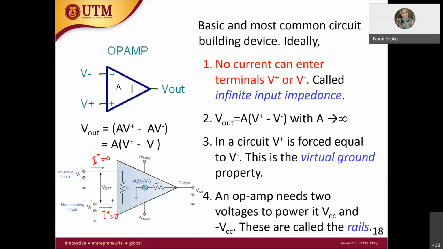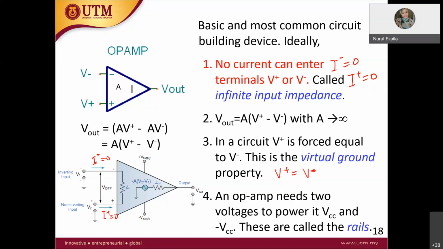V out is equal to the gain times the difference of the input voltages. And number 3, in a circuit, V plus is forced to equal V minus. So in this case, V plus is equal to V minus. Current cannot enter, meaning I negative is 0 and I plus is 0.